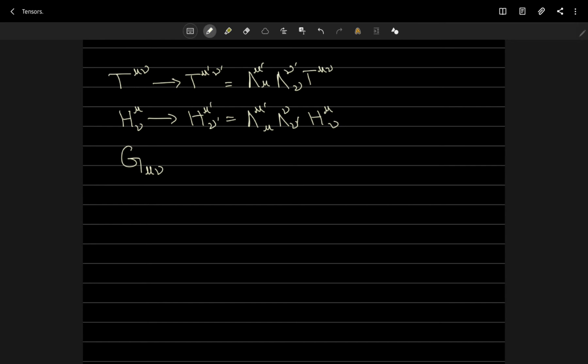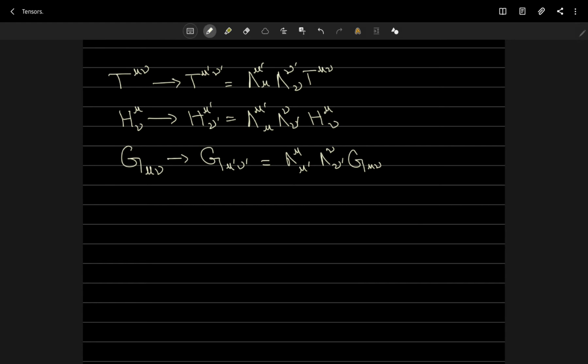So we would have the index at the bottom, and that would transform as g mu prime nu prime is equal to lambda mu prime lambda nu prime g mu nu, right?